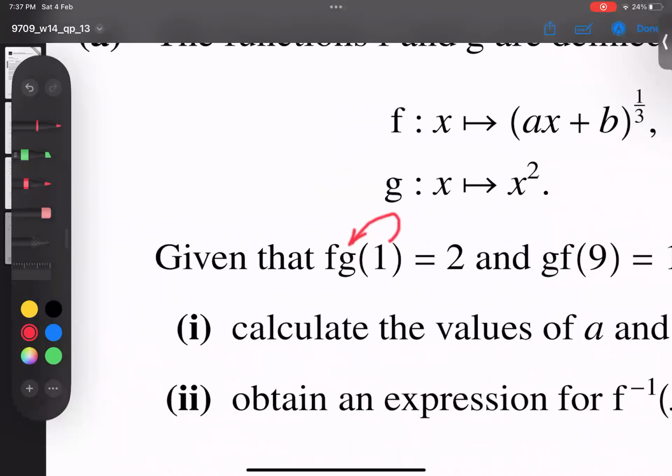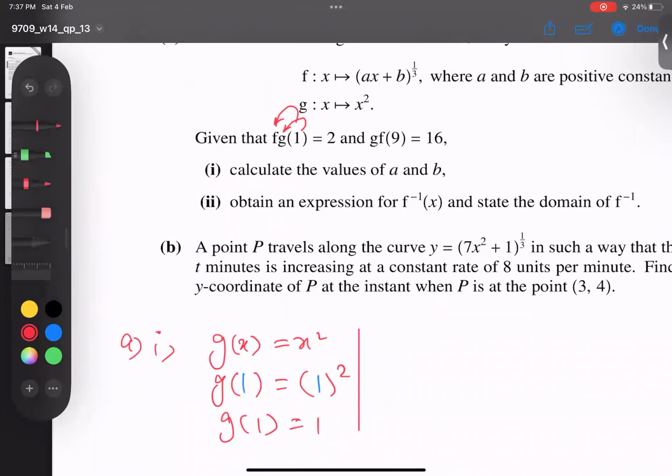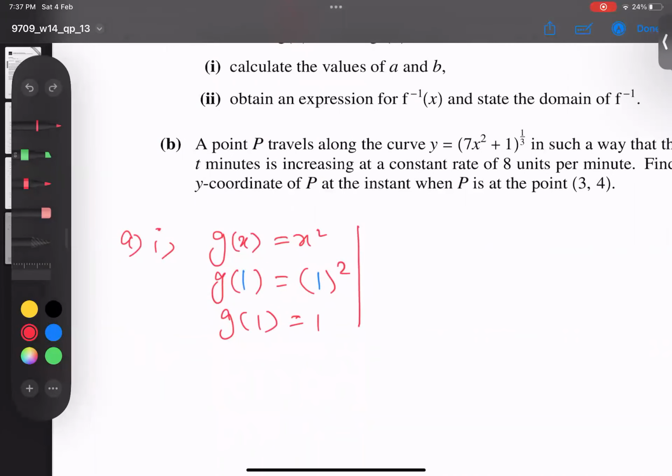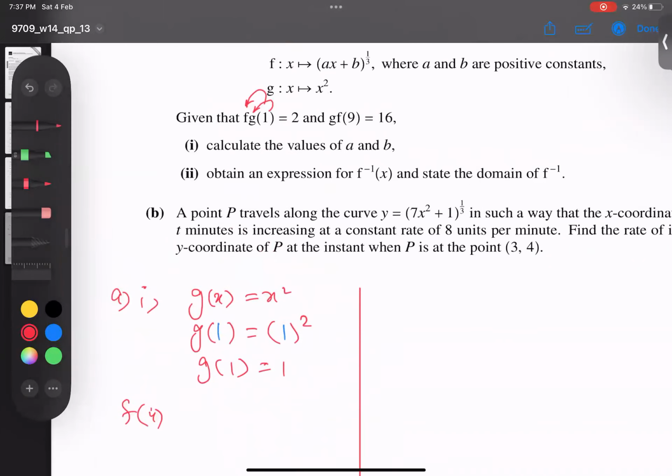Then plug in F. So I'm plugging in F now. Get ready. I'm writing the word f of x here first of all, and that function is (ax + b) to power 1 over 3.